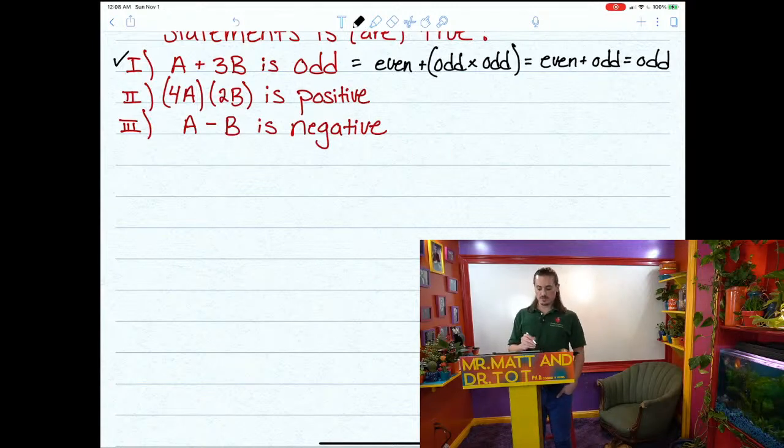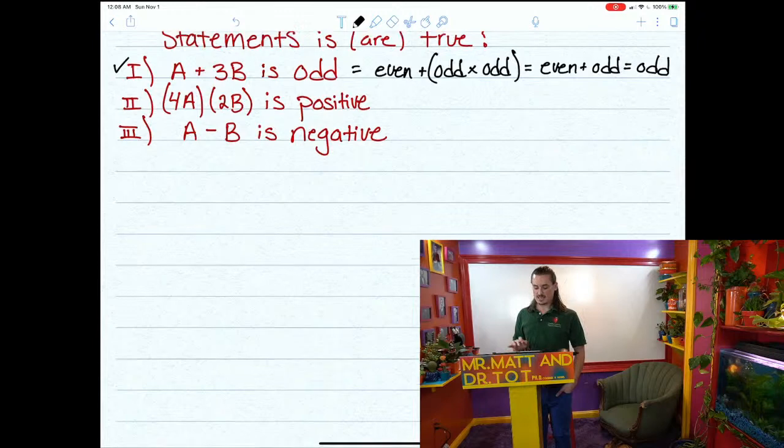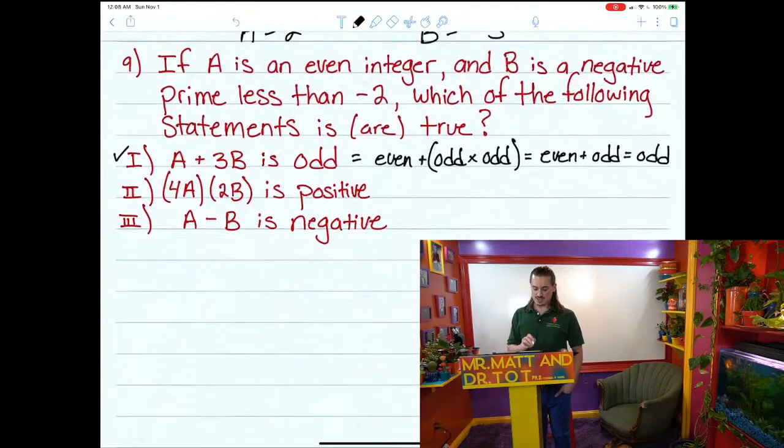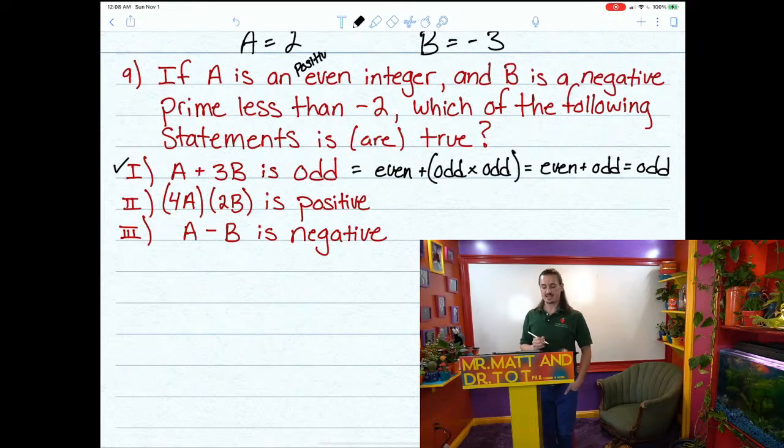Statement 2, now we're not testing even versus odd any longer. We're testing positive versus negative. So a just says that a is an even integer. Let's assume that this is also positive. So a has to be a positive even integer. I apologize, I didn't mention that. But let's assume a is positive.